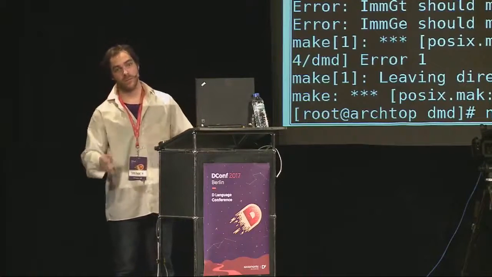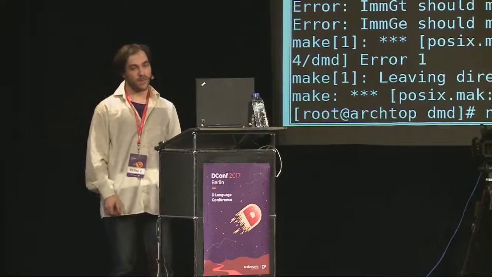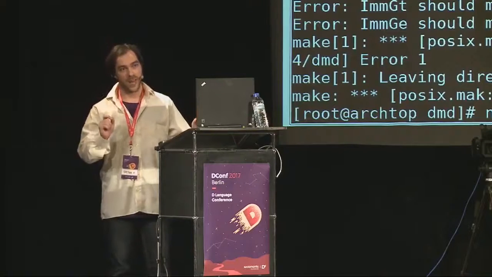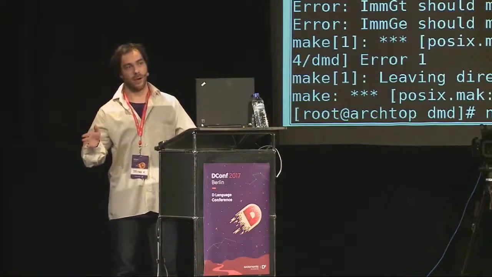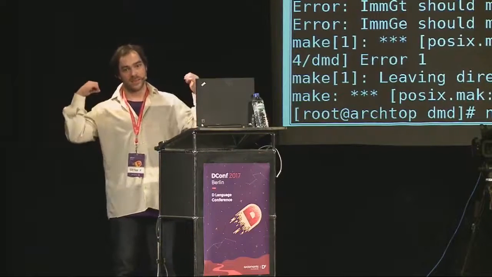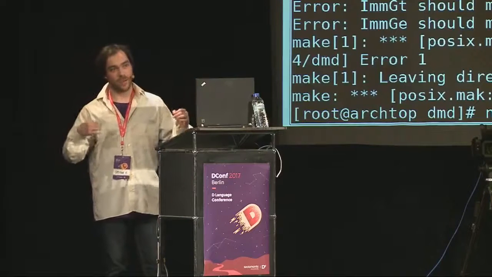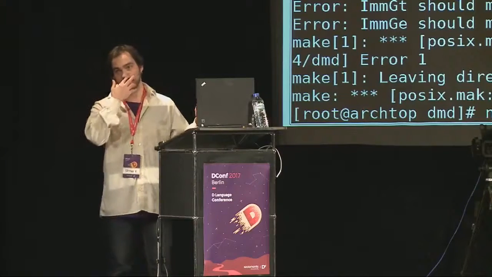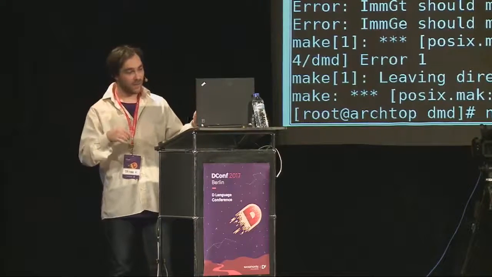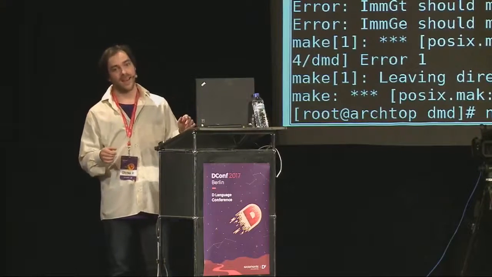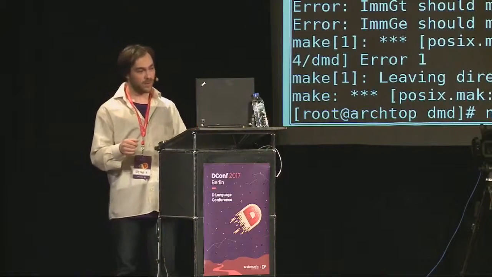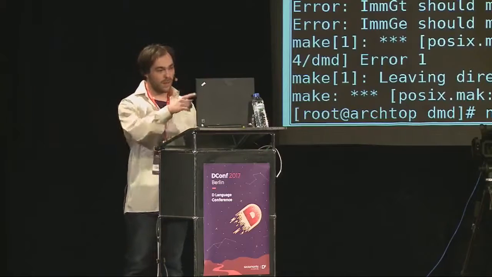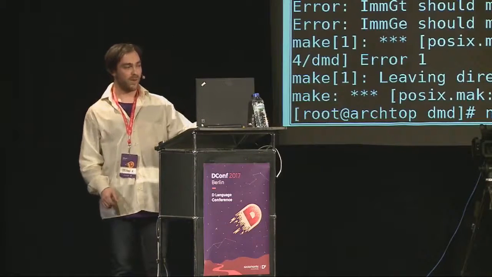CTFE allows you to build your own semantic checks into the compiler. It allows you to extend the error checking capabilities of the compiler. It's a use case which I actually hadn't in mind when I first did it, because I wanted to write transcompilers, but this turned out to be incredibly useful.